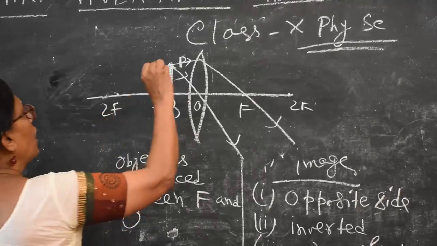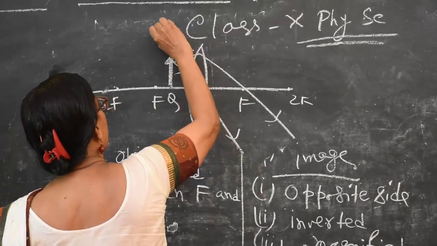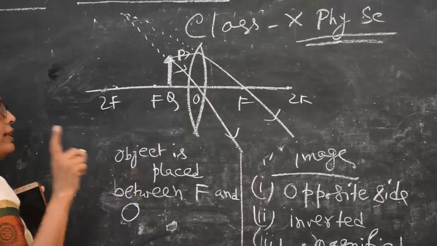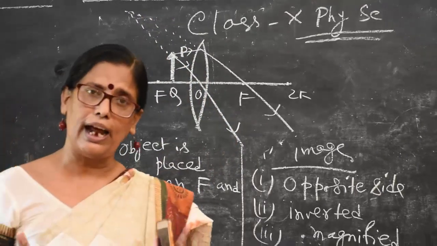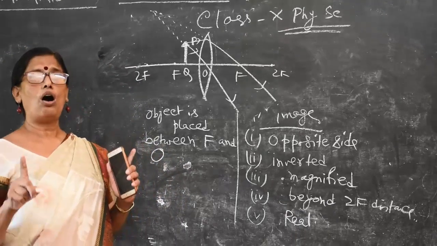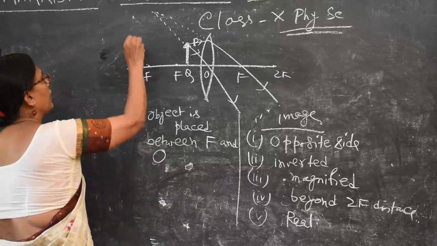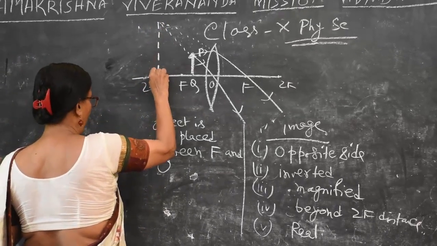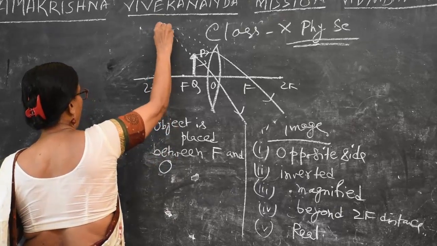So forcibly we extend them backward. When we do this forcibly, we put a dotted line, not a solid line. A solid line means the direct or real line. A dotted line means this is a virtual image.